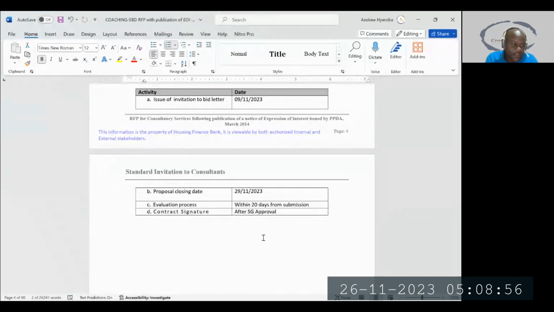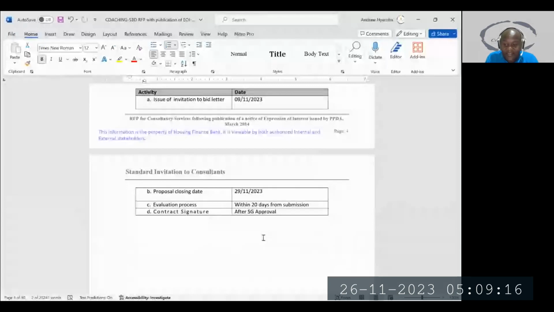So you cannot do any contract with government unless you followed these steps and the contract has been drafted and reviewed by the Solicitor General. SG stands for Solicitor General, and then it is approved for signing.